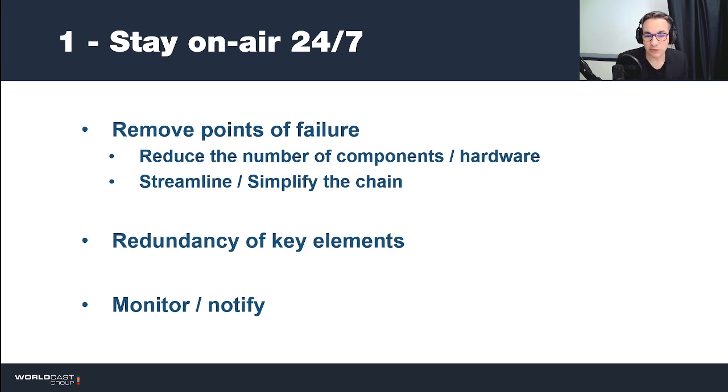We will also add redundancy for the key elements if we cannot remove components because they are required, but they are a point of failure. We can use redundancy. And of course, we want to monitor the system, and we want to notify the right person in case of failure so that we can correct it as soon as possible.